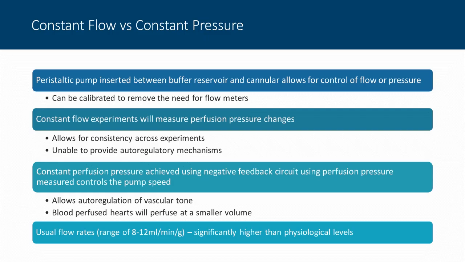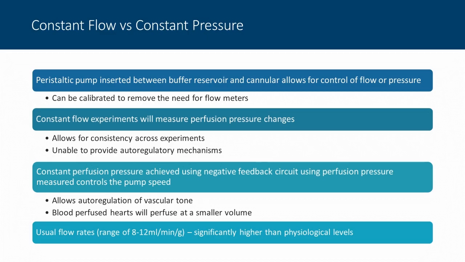Alternatively, we can use constant hydrostatic pressure, and we can achieve this by placing a perfusate reservoir or a bubble trap at a predetermined height to maintain a preload and an afterload pressure. Work done by Shattuck developed an electrical feedback system which has allowed for much more precise perfusion pressure recorded at the junction block just adjacent to the heart, and that allows for the control to be achieved by the peristaltic pump.